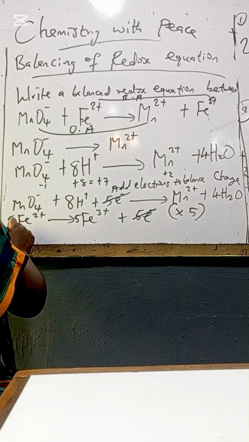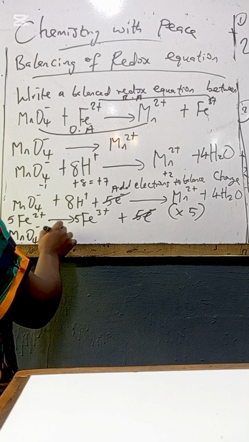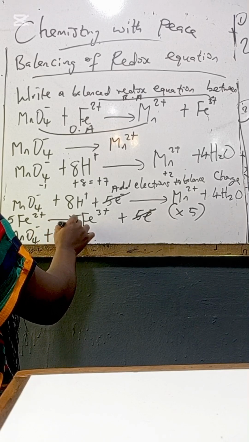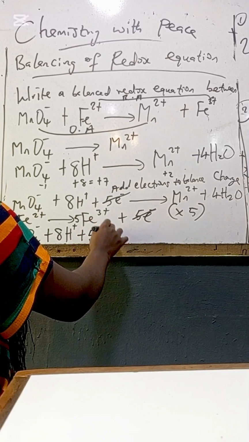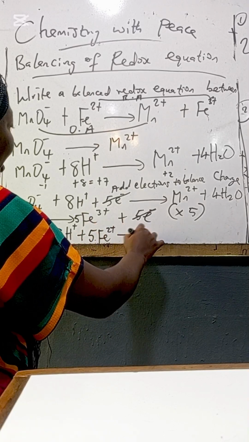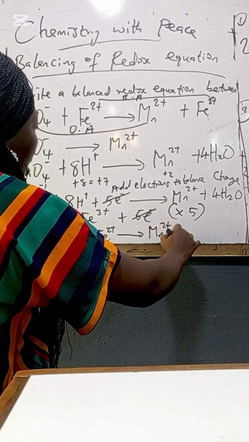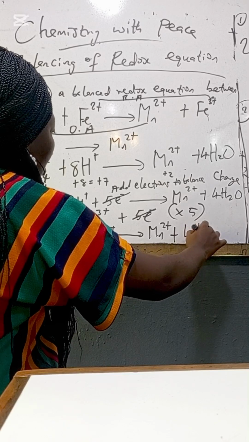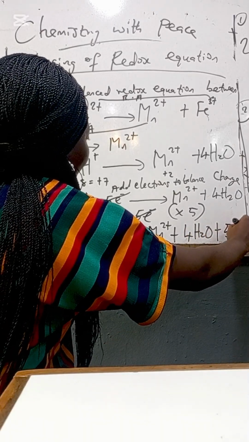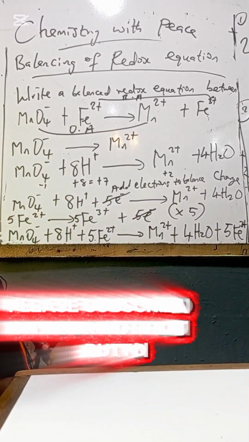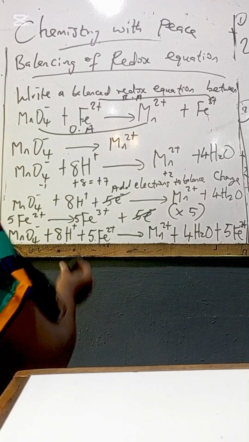So with that, we are having MnO4 minus plus 8 moles of hydrogen ion plus 5 moles of iron 2 ion to give us Mn2 plus ion plus 4 moles of water plus 5 moles of iron 3 ion. And that is the end product of that balanced equation. So this is our final answer.